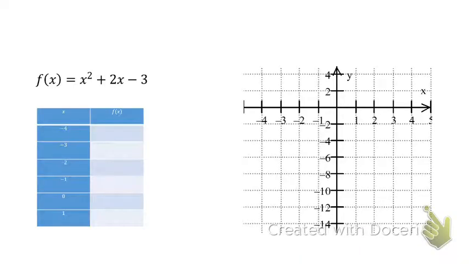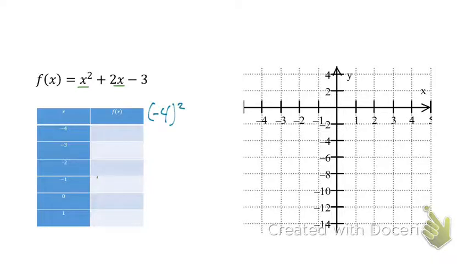Now the first thing that we can do to actually make a graph of a parabola would be to create a table. And so to create a table, we would simply use the x values as an input into the equation up here for the x. So in this case, if I was trying to find, say, x is -4 for the first value in the table, I would replace my x's with -4.